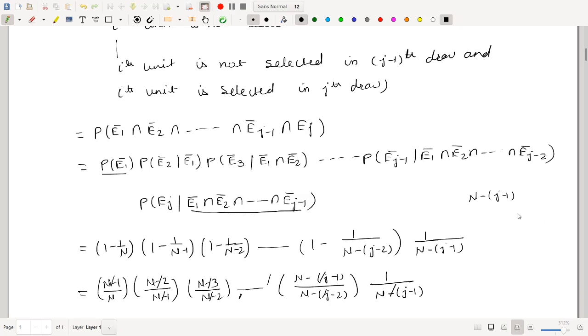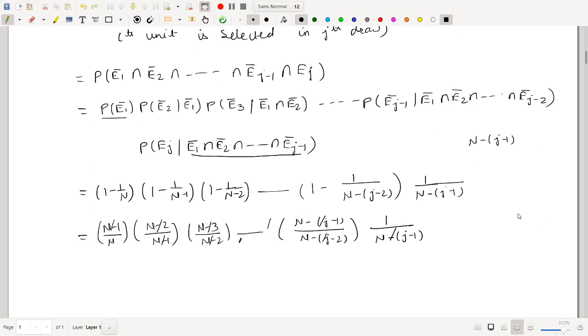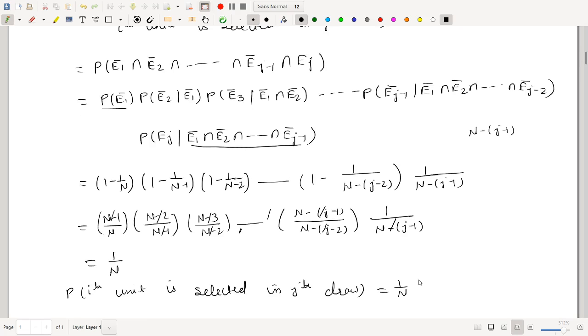So remaining things are only 1 upon n. So probability that ith unit is selected in jth draw is 1 upon n. So in both the methods, this probability is 1 upon n.